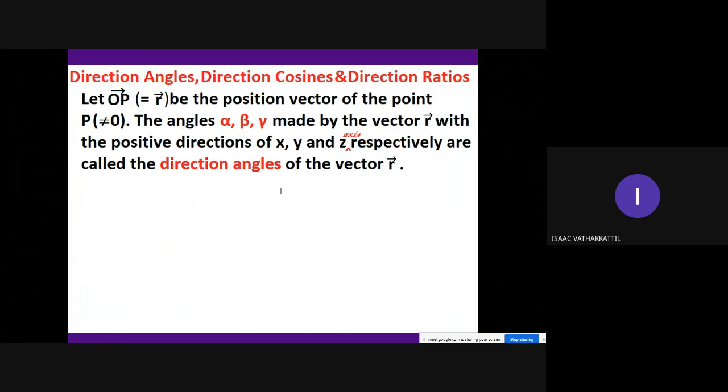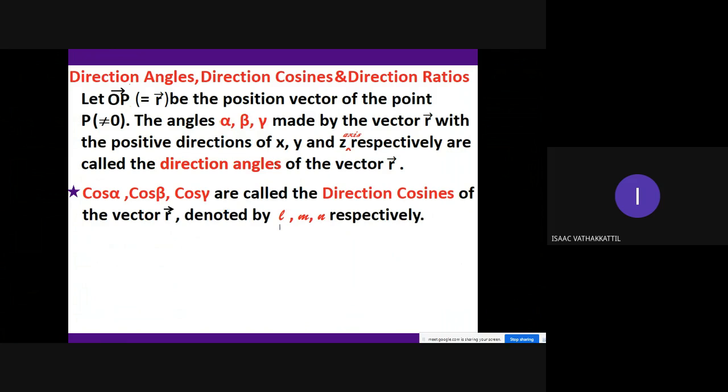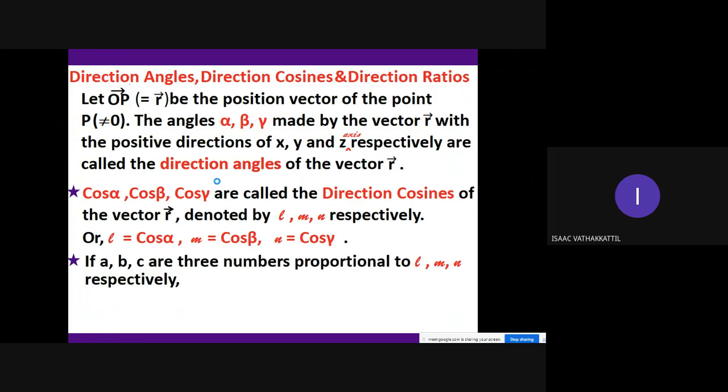Their cosines, that is cos alpha, cos beta, cos gamma, are called the direction cosines, which we usually denote by l, m, n. l is cos alpha, m is cos beta, n is cos gamma. They are known as direction cosines. What are alpha, beta, gamma? Angles made by the given vector with OX, OY, OZ. l equals cos alpha, m equals cos beta, and n equals cos gamma.